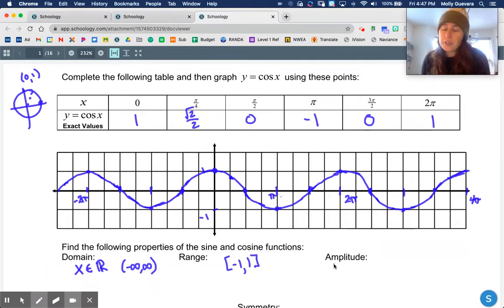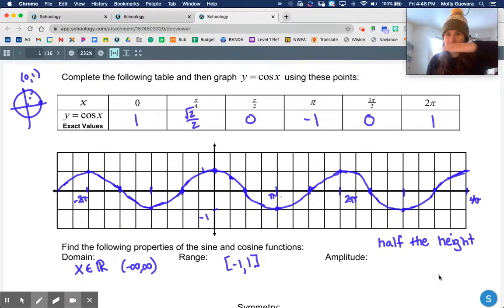Amplitude. So amplitude is the height, but I want to make a note of this. It's actually half the height. The amplitude is the height from equilibrium, right? So equilibrium is that line that goes right through the middle. In this case, equilibrium is the x-axis. So then it's the height from the x-axis.